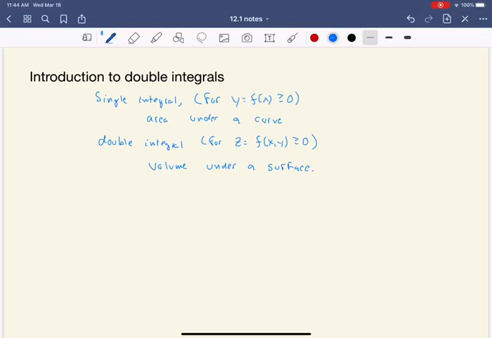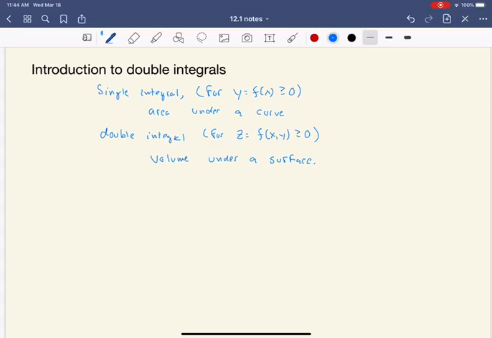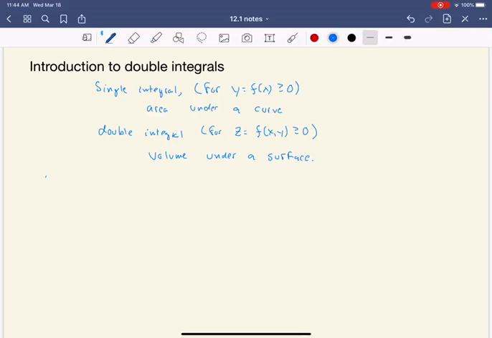Okay. So let's say, for example, that we're asked to take the integral, and we'll put an R there for region, of 2 dA. So this dA indicates to us that we're taking a differential area element.